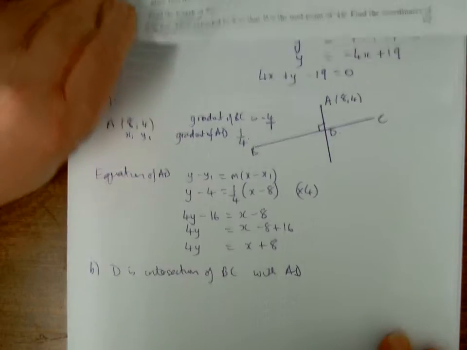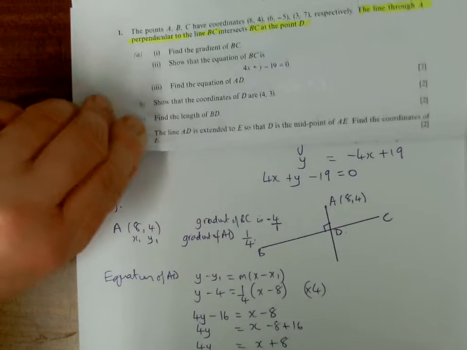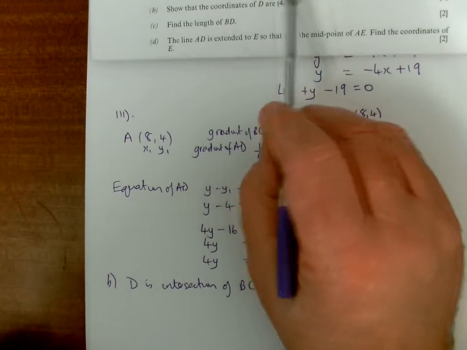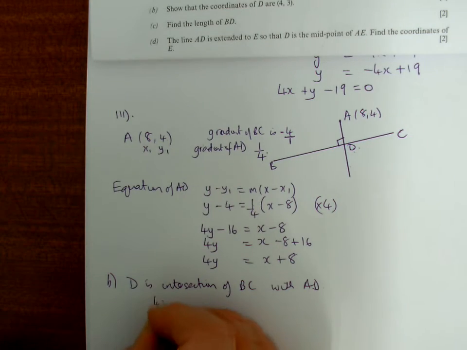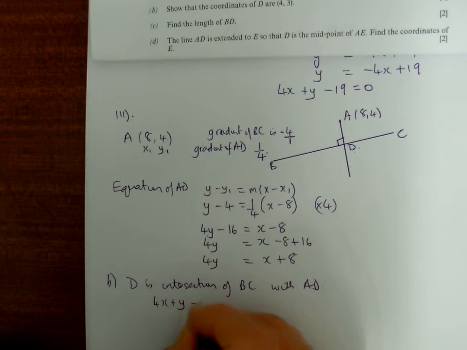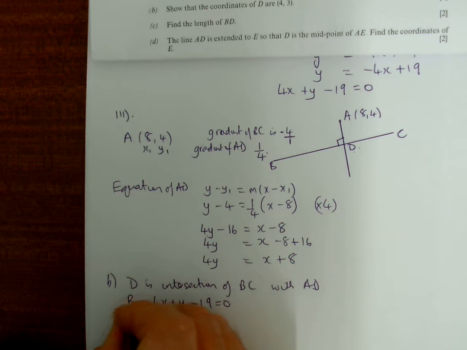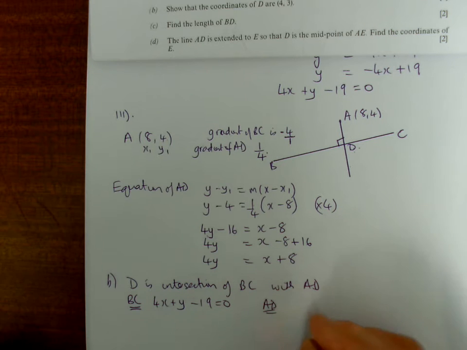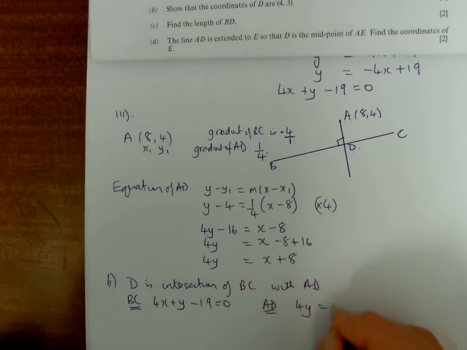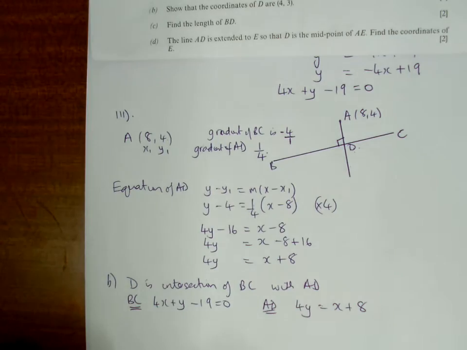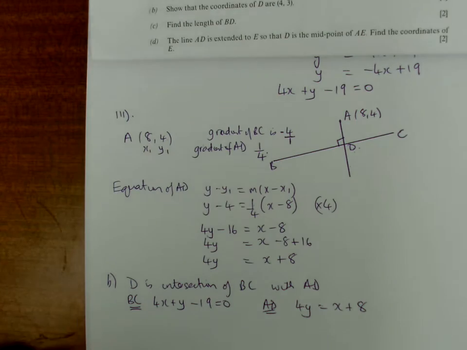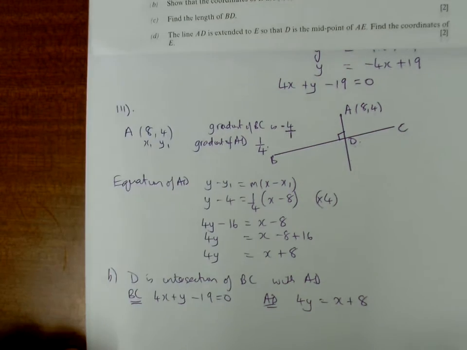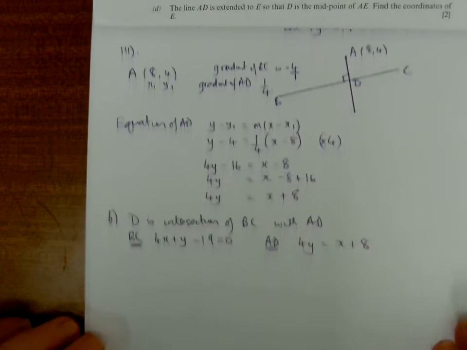Now then, the equation of BC is 4x plus y minus 19 equals 0. That's BC. And AD, I've just found it here, that's 4y equals x plus 8. So to get the coordinates of D, I solve these two equations simultaneously.